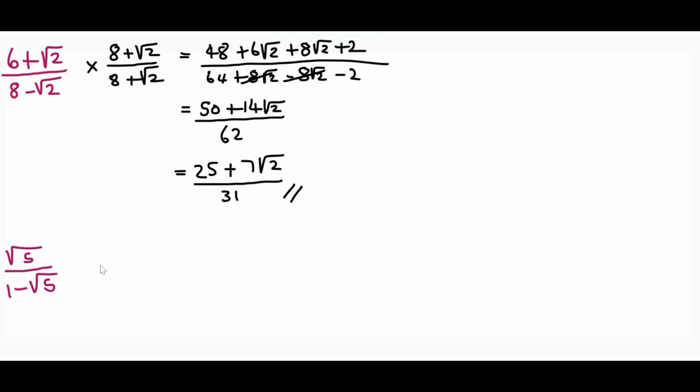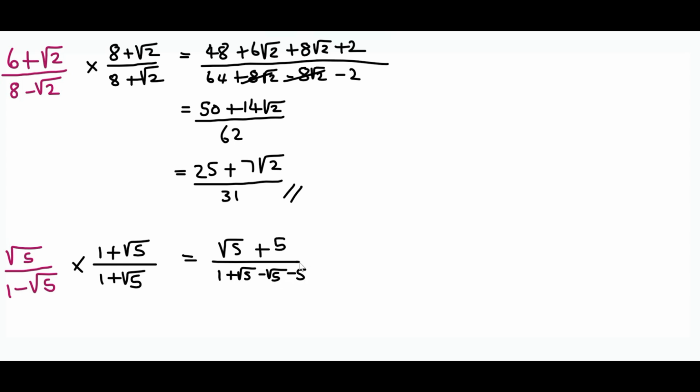Looking at the second question, again, same process. We're going to multiply by the denominator, but flip the sign. Plus root 5 plus 5 over 1 plus 5.